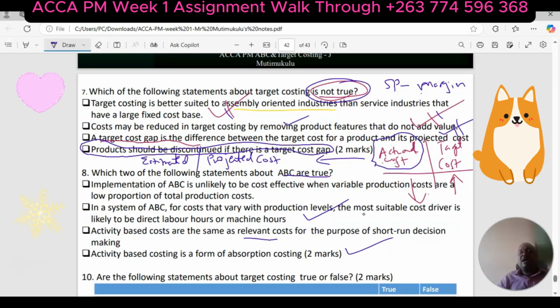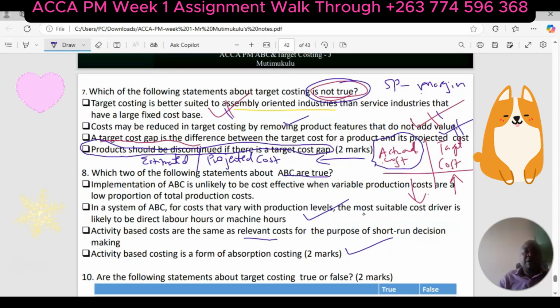But where we are actually seeing a steady, stable production environment with a lot of fixed costs, then in that case we can safely use the traditional costing technique.